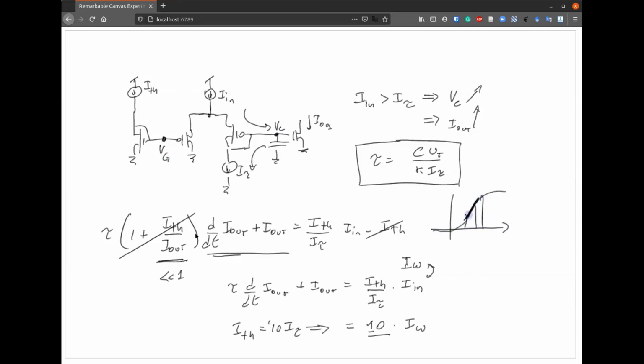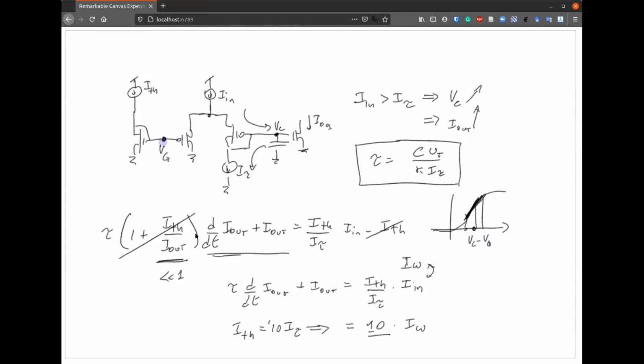In order to get an RC, the R of our RC circuit is the linear range of the differential pair. And so that's only true if VC minus VG is within some 100 millivolts. And VC is usually close to ground in this case, because it's always discharged whenever you're not stimulating the synapse, then VG should also be close to ground.